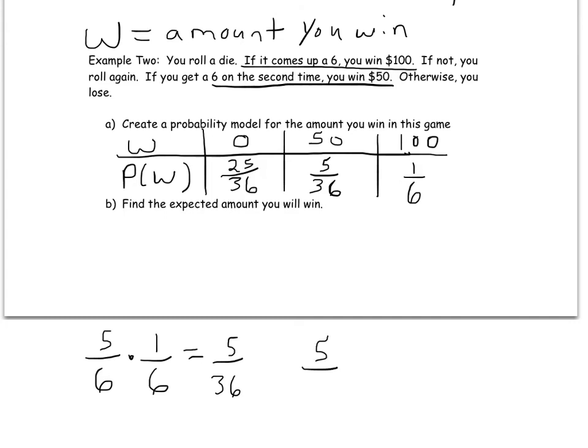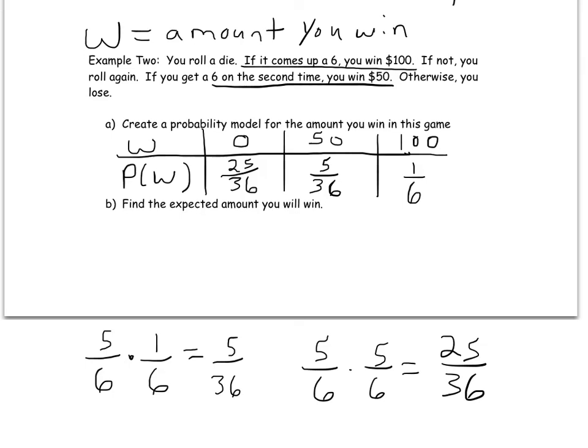There's a 5/6 chance of that happening on each roll, independent events, so I can multiply the probabilities. There's a 25 out of 36 chance that I win nothing. And if we check, all of the probabilities do indeed add up to 1.